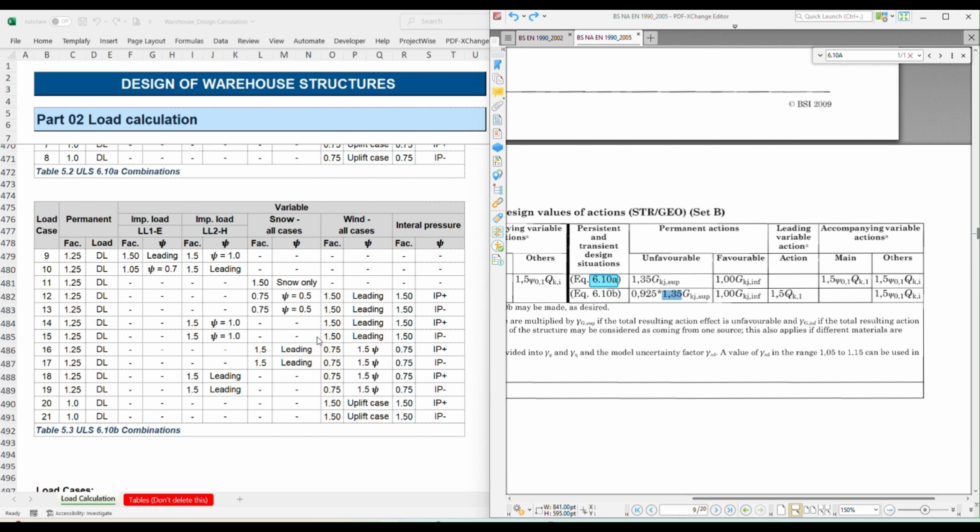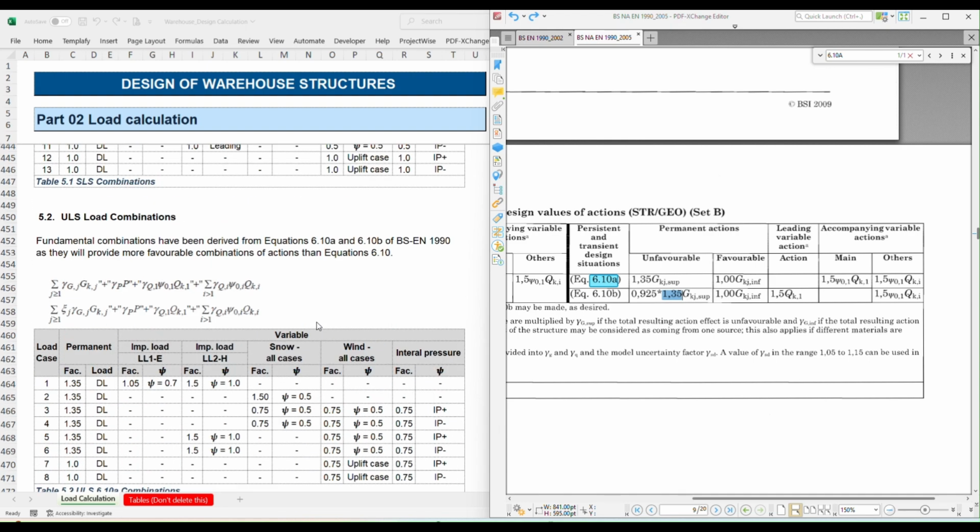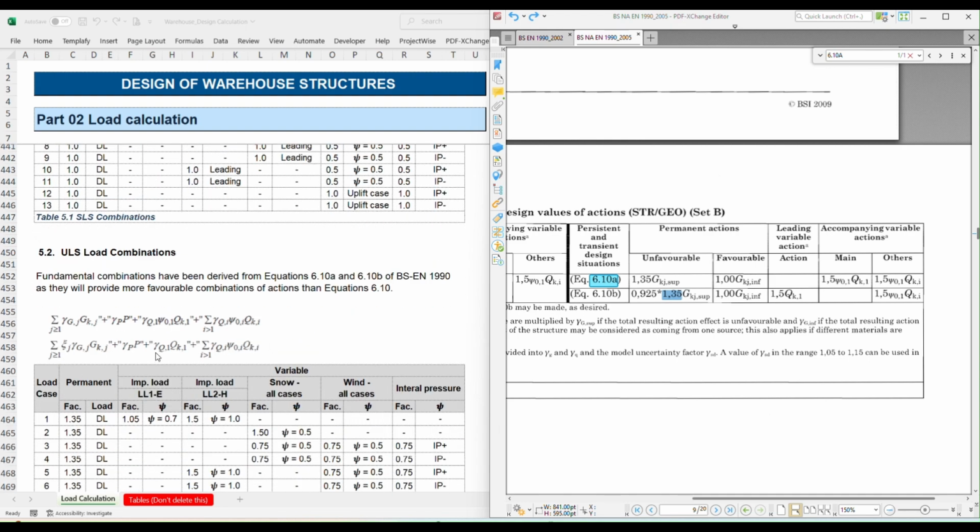So for all the wind cases it is 1.5 we have applied here, both internal and external pressure coefficients. And followed by here it is an imposed load. As this imposed load we are considering as leading, also we are considering the wind as leading, because that equation says both are having the gamma factor.